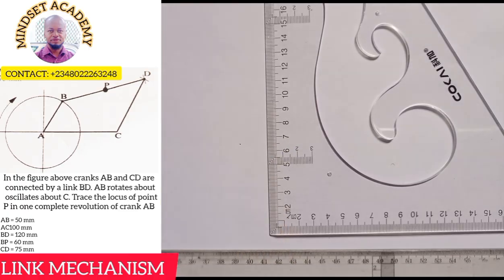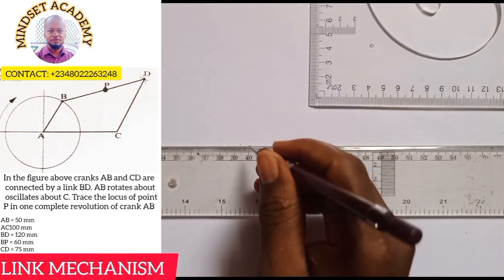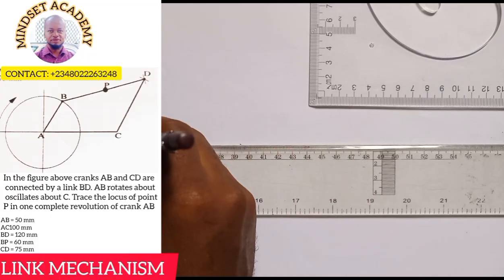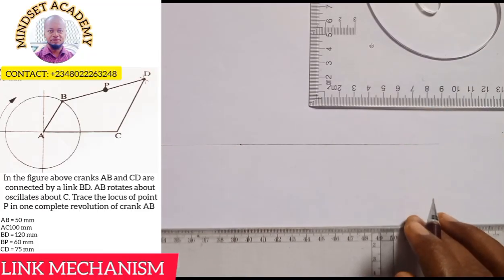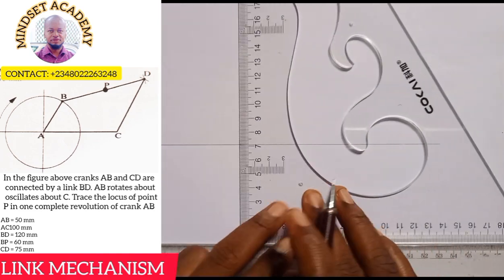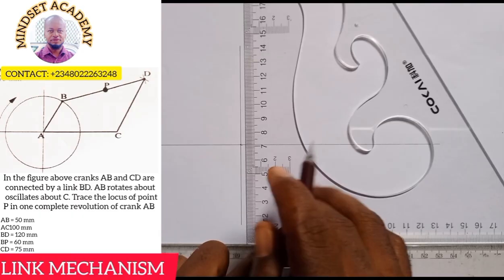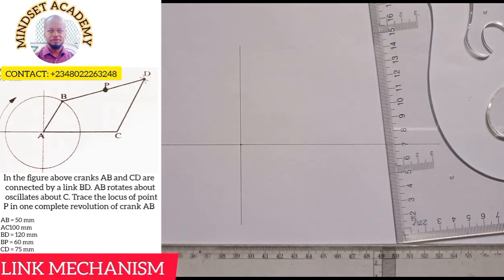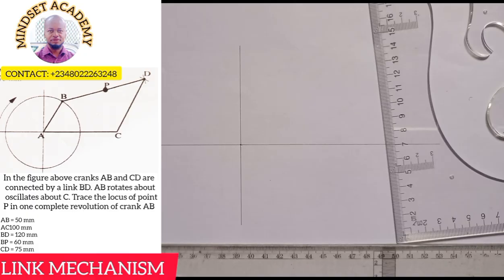Now, take your meter rule, draw your horizontal line in this manner, and draw your vertical line in this manner, faint line. Can you see that? And they are meeting at this point. Now we say the crank AB, which is the radius of this circle you see here, is given as 50 millimeter.